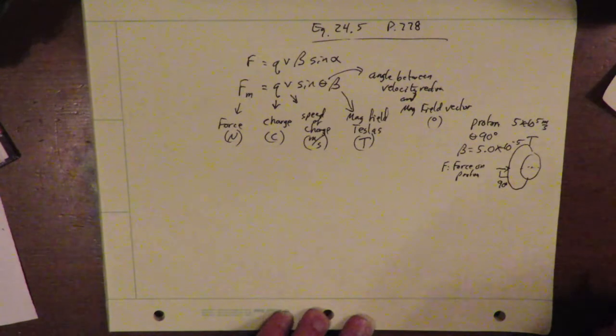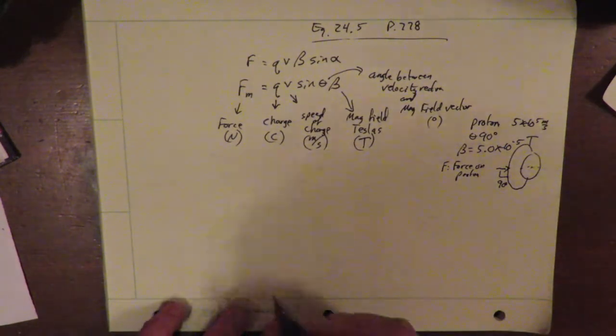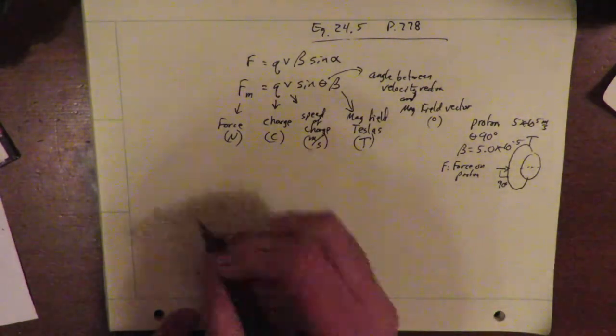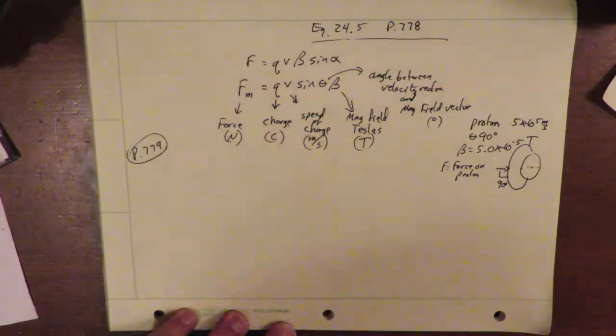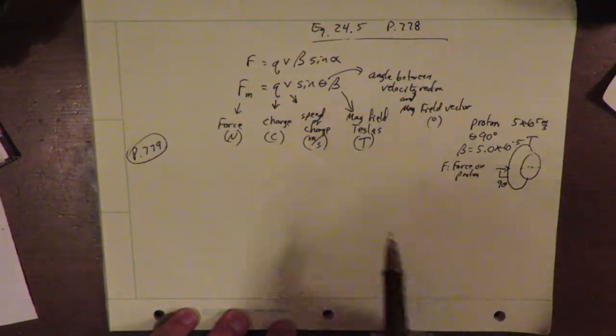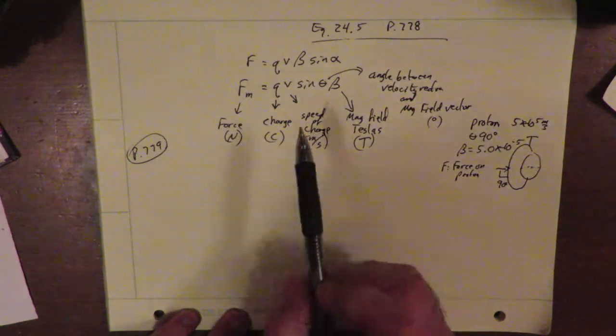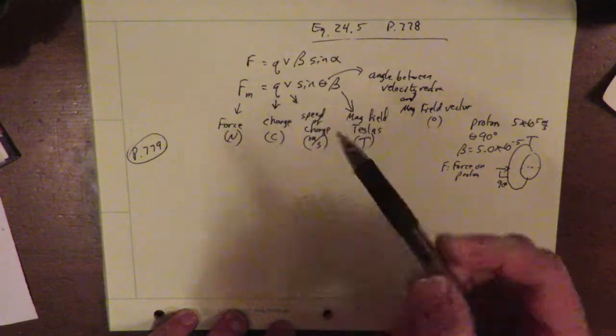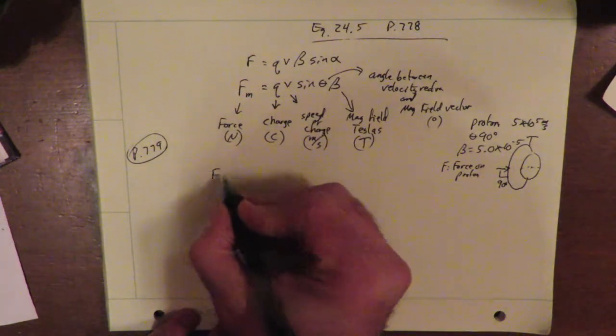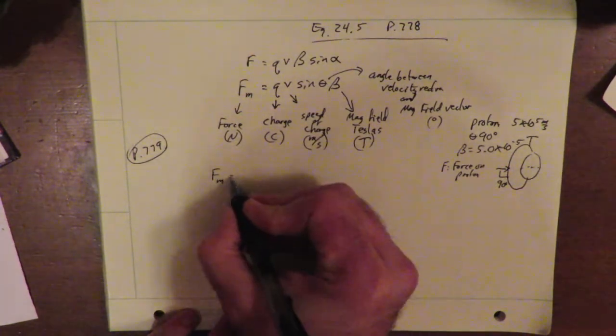Okay, so let's look at this. This, by the way, is an example problem on page 779. So we're going to use the AP version of the equation here. We're going to calculate the force from the magnetic field.